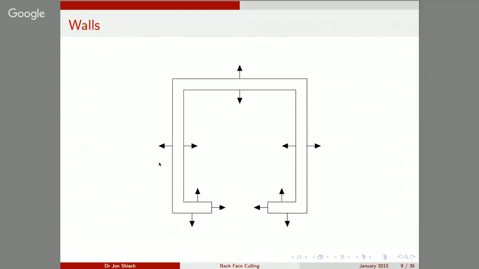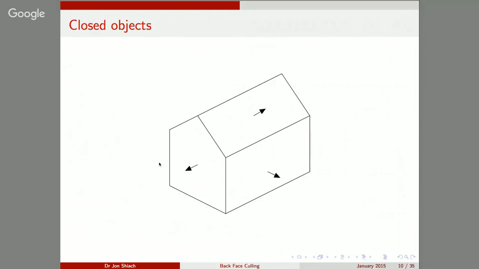That's not something we're too concerned with, but if you were building a virtual world, that's what you have to take into account. If you have closed objects, ones which you never get to see inside, you want all of your normal vectors pointing outside, away from the center.